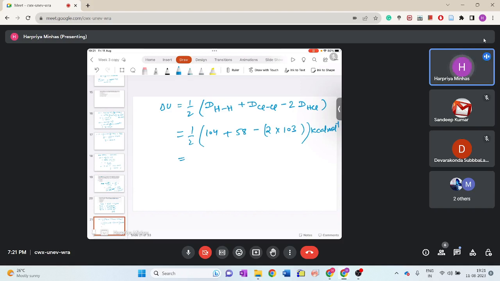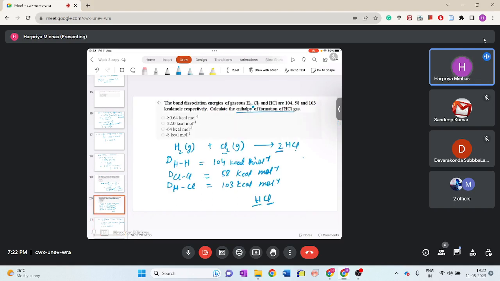So after calculating all, what we are getting? This is what we are getting, right? So here, the change in moles, how can we find it, final minus initial, right?